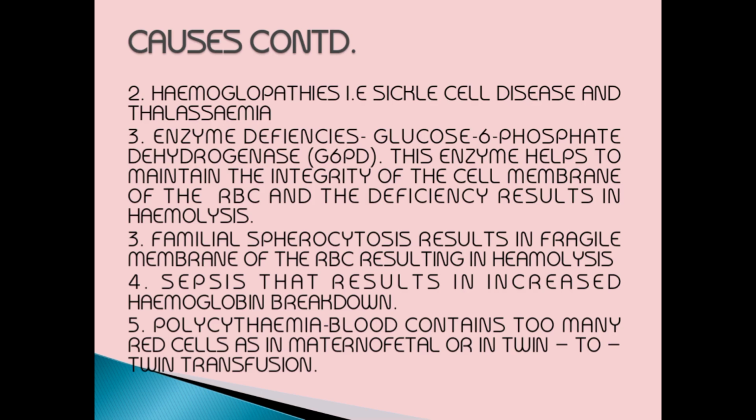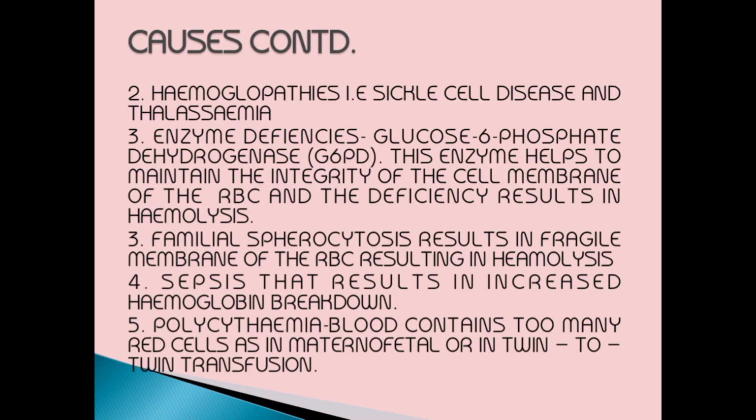You also talk about familial spherocytosis, which results in a fragile membrane of the red blood cell, resulting in hemolysis. So the structure of the red blood cell is not as normal as it's supposed to be, and it is fragile.